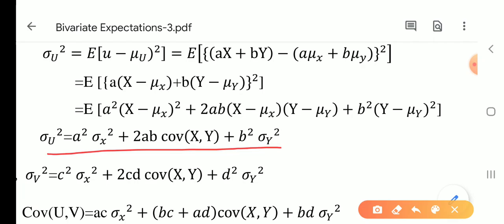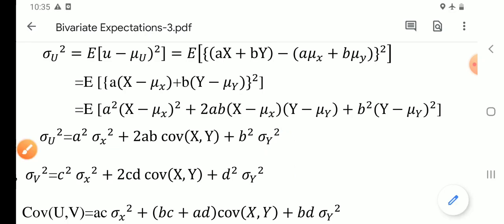Similarly, if we find the variance of v, we find sigma v square is equal to, instead of a square, c square sigma x square plus, instead of ab, 2cd into covariance of xy, instead of b, d square sigma y square. So using these two formulas, we can find the variances of the new transformation u and v.